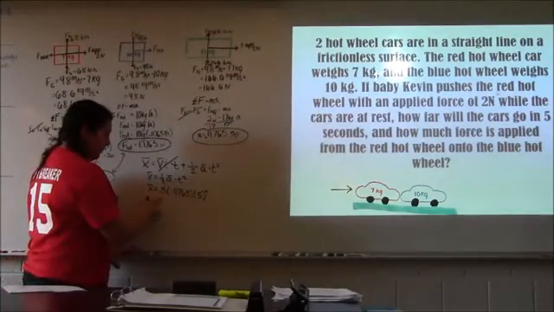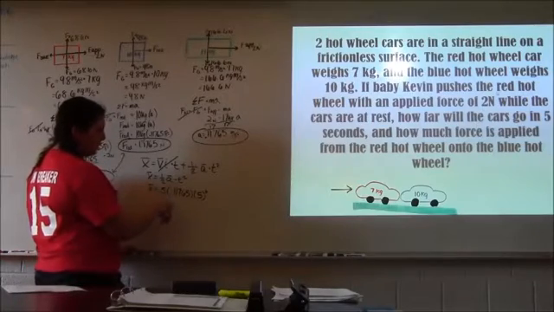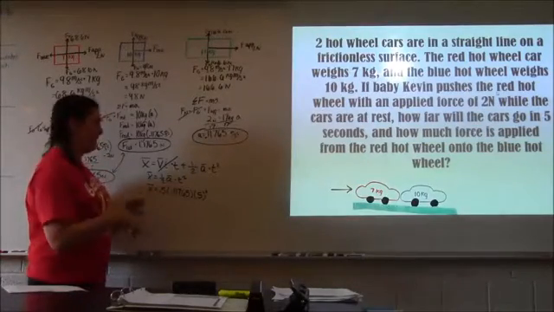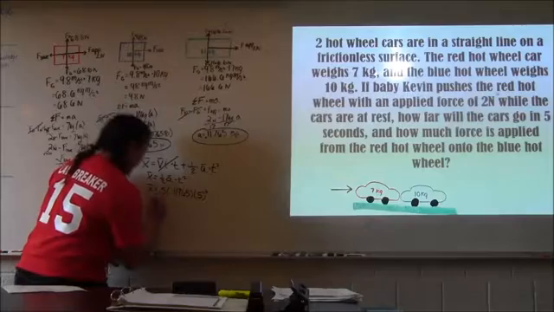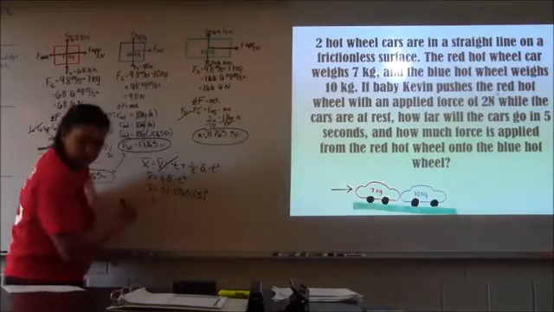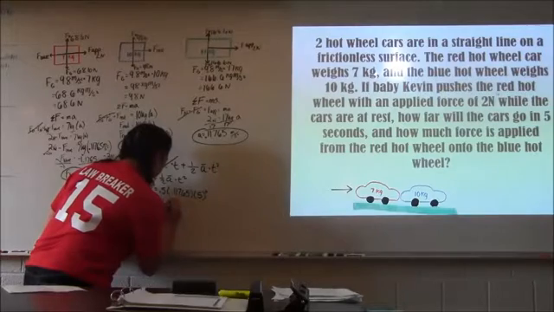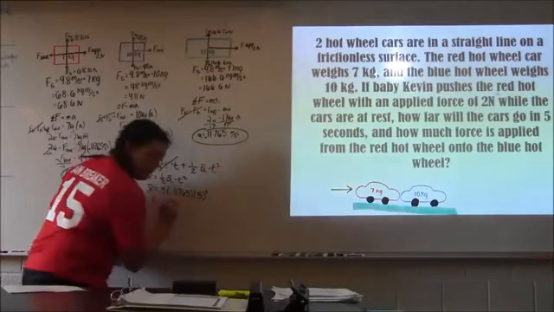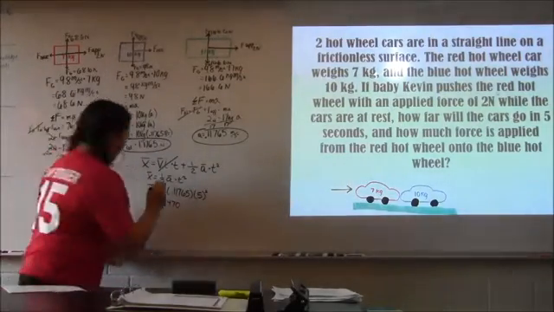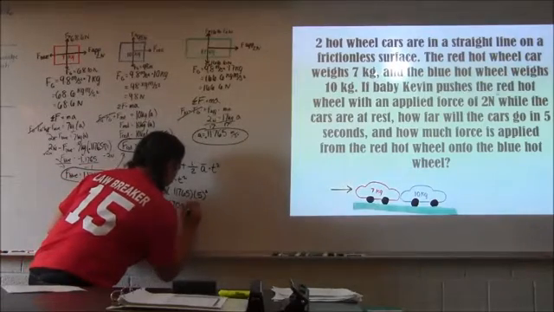Then we get 0.5 times 0.11765 times 25, because 5 squared is 25. Then we end up with an answer of 1.4705 meters.